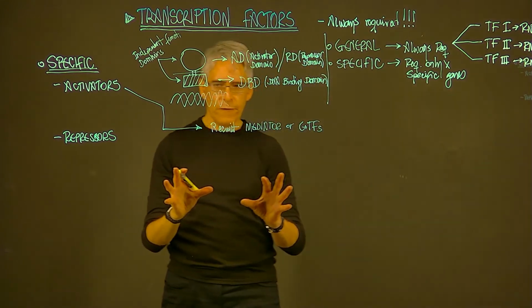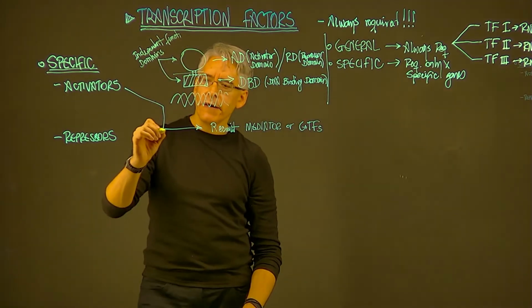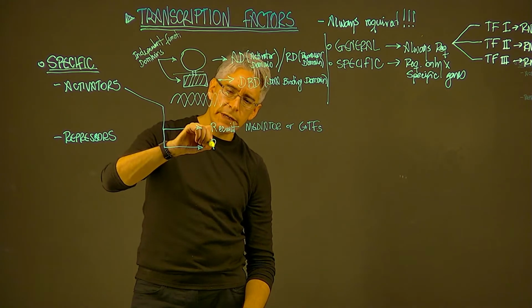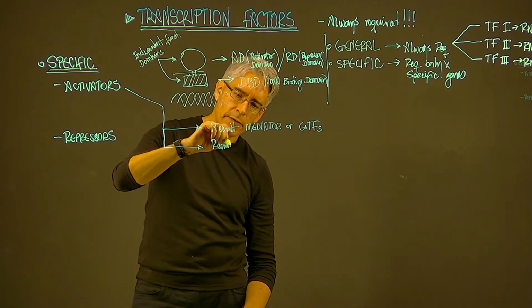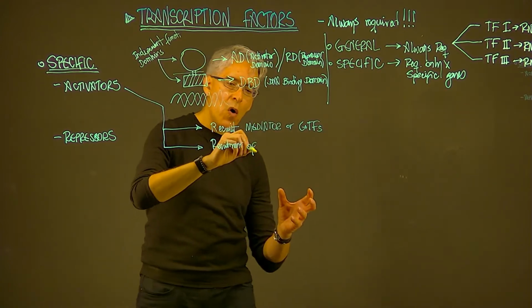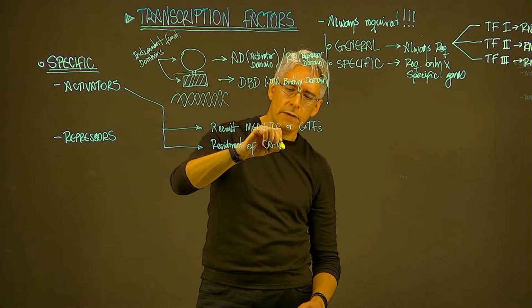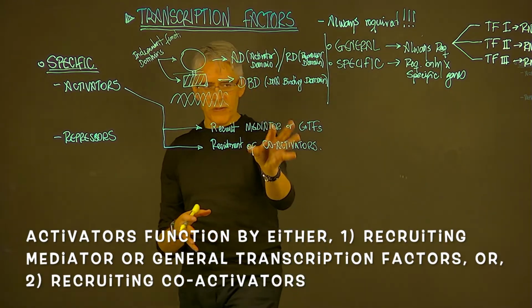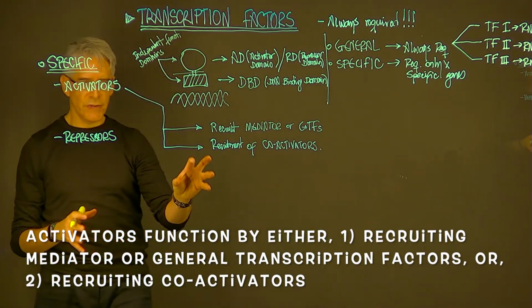That's one mechanism of action for these activators. The other mechanism of action is by recruiting coactivators. And we're going to go in just a second about what those coactivators can be.